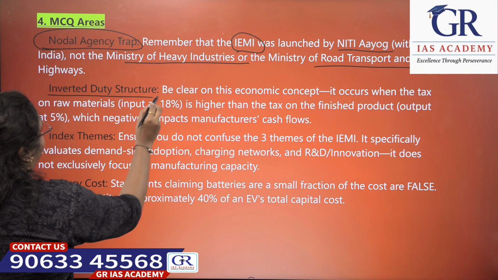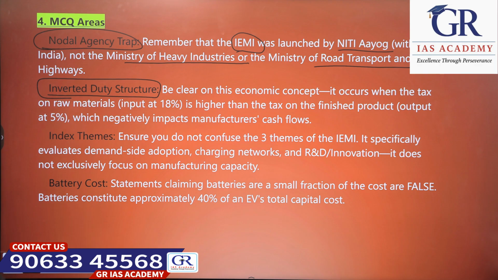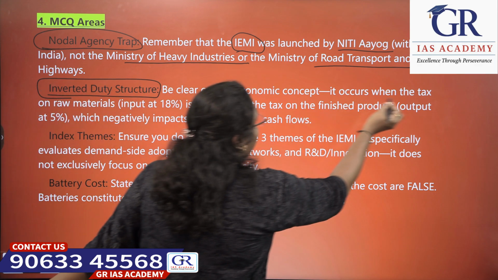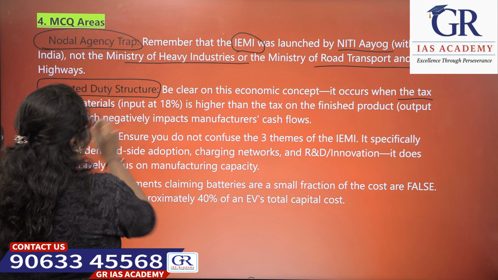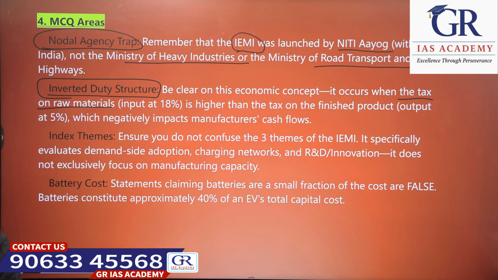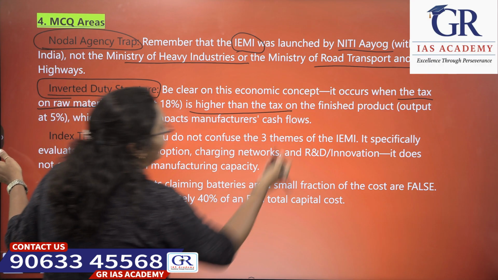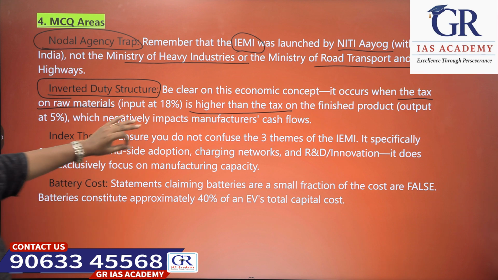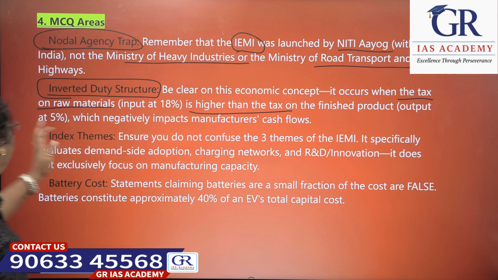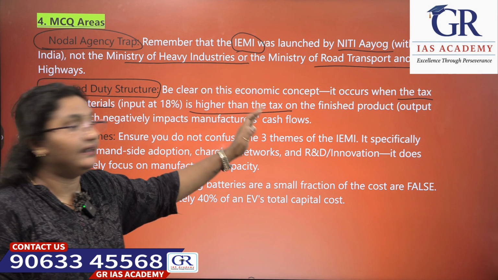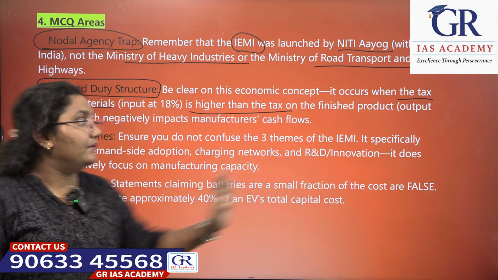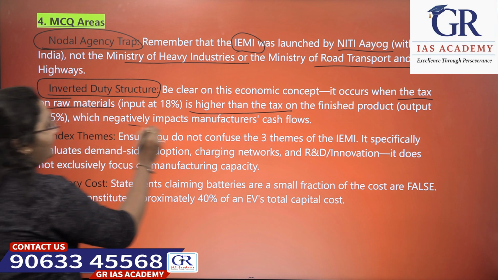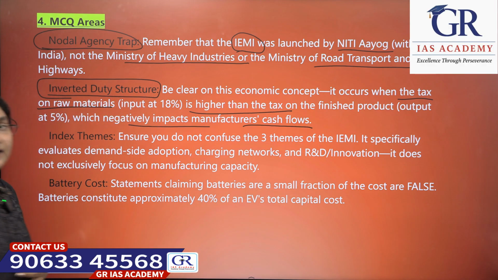Next is the inverted duty structure. Be clear on this economic concept. It occurs when the tax on raw materials is higher than the tax on the finished products, which negatively impacts manufacturers' cash flow.